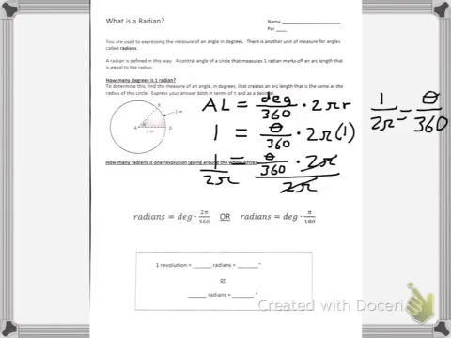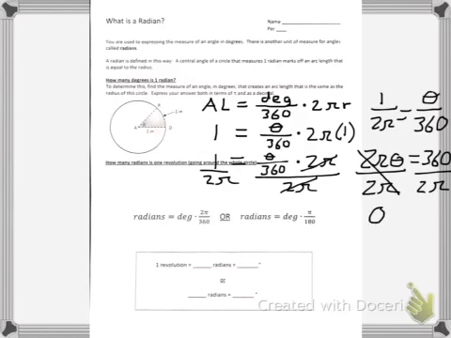From here I would cross multiply to figure out the answer. If I cross multiply these fractions, I get 2 pi theta equals 360 times 1, which is just 360. Then to solve for theta, I would divide both sides by 2 pi. The 2 pi's cancel out on the left, so I'm left with theta equals 360 divided by 2 pi.